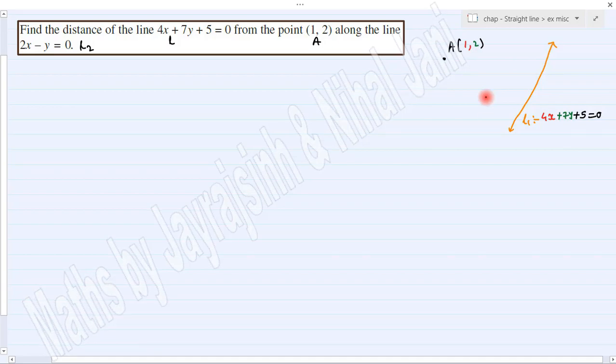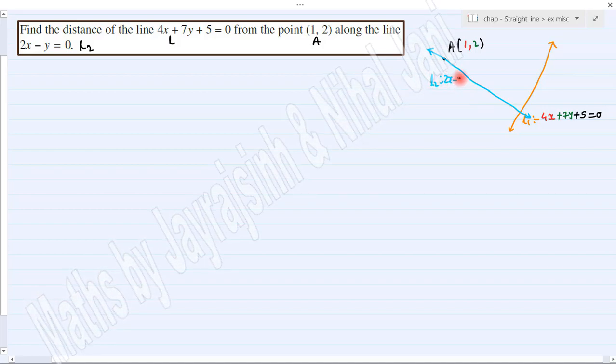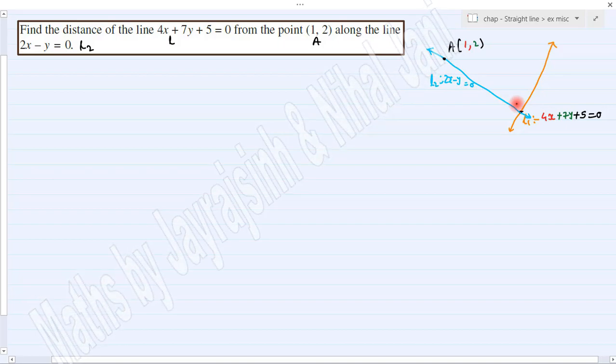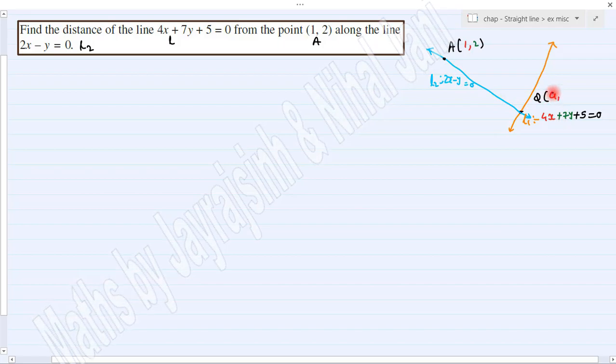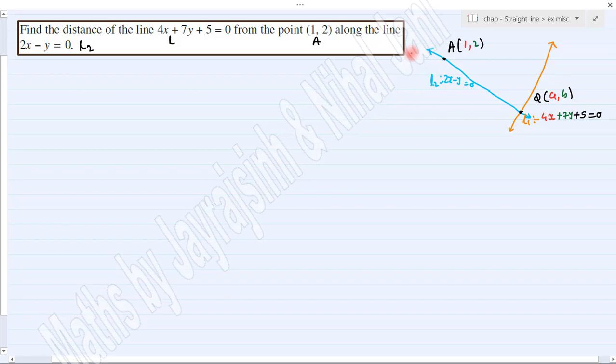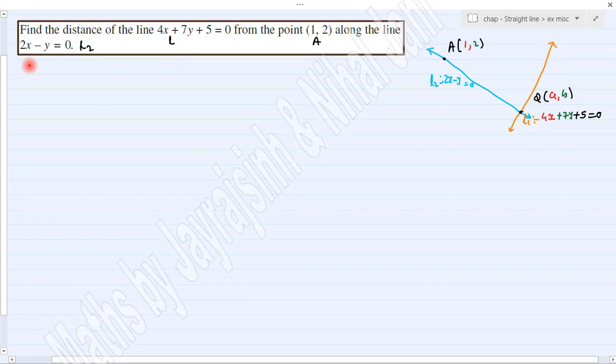And we have to find the distance along line L2 having the equation 2x minus y equal to 0. So if we say the intersecting point of L1 and L2 is Q having coordinates A comma B, then we have to find the distance AQ. We just have to find out the intersecting point between L1 and L2.